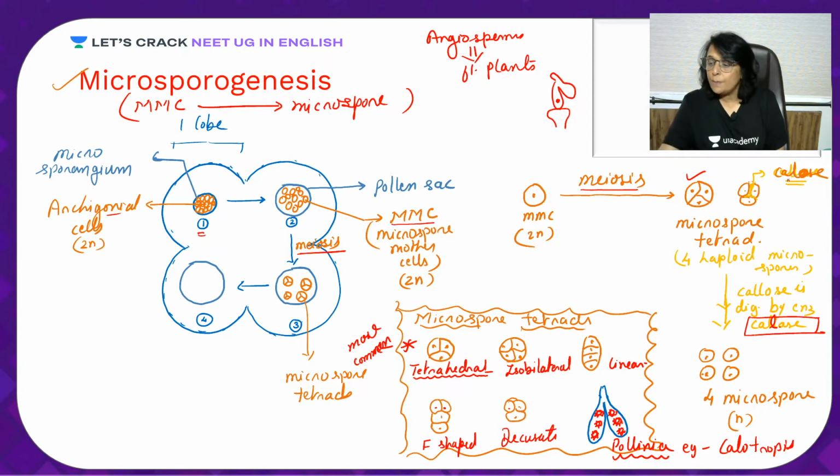Now why do they remain together? Because there is a glue-like material called callose. Now the callose has to be dissolved. So the enzyme, and remember the enzyme is coming from these cells. These cells are the tapetal cells.